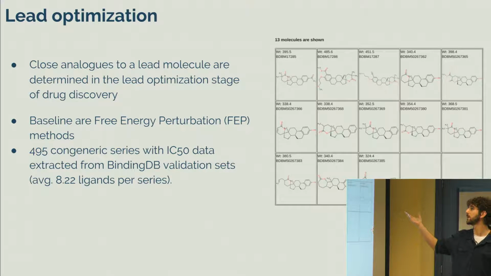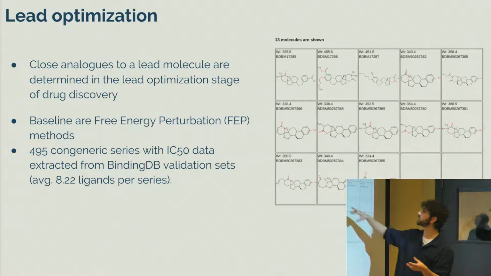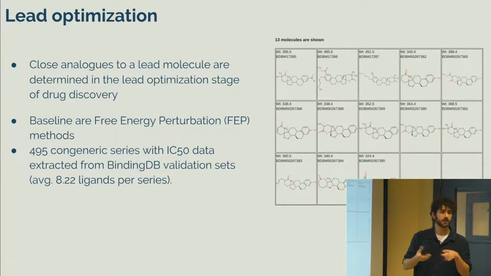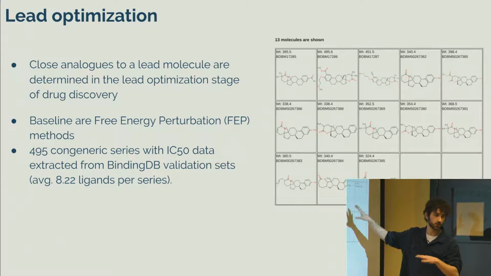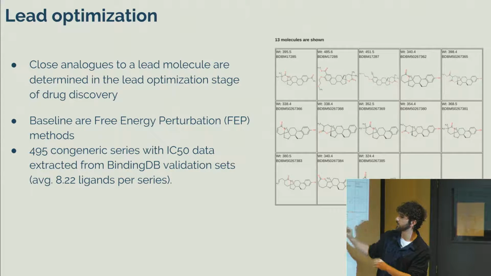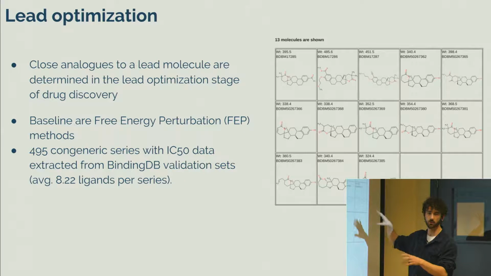Usually what you do is you have this lead compound, and you generate similar molecules that are not very far structurally speaking. They're just small modifications, maybe in some part of the molecule or another.